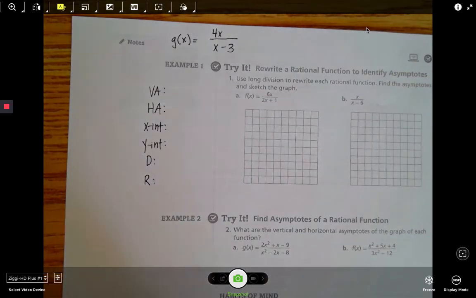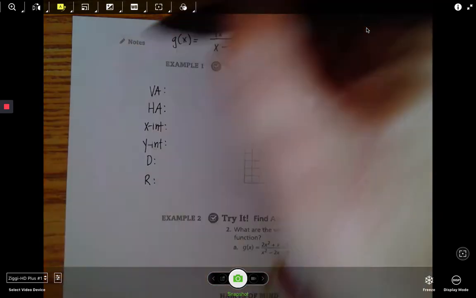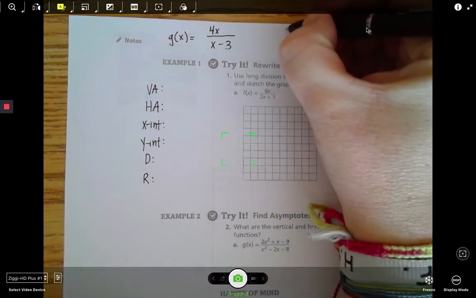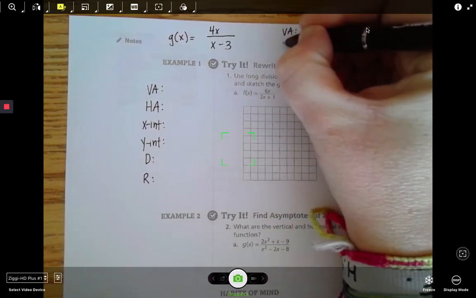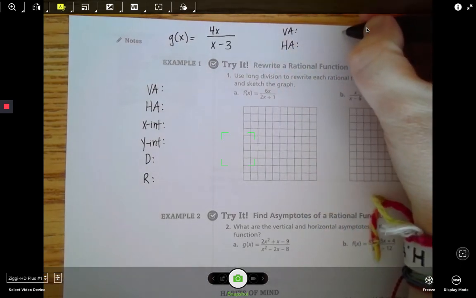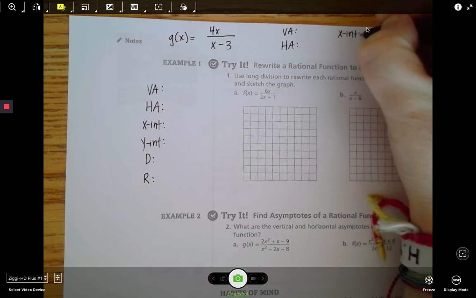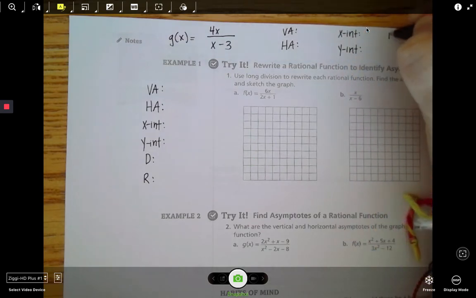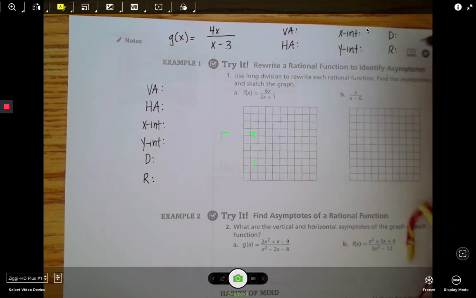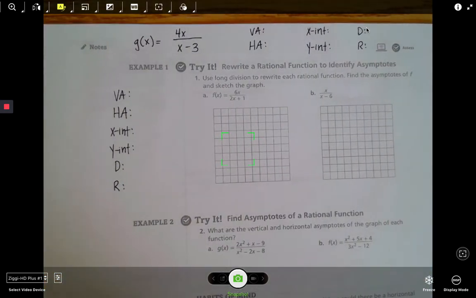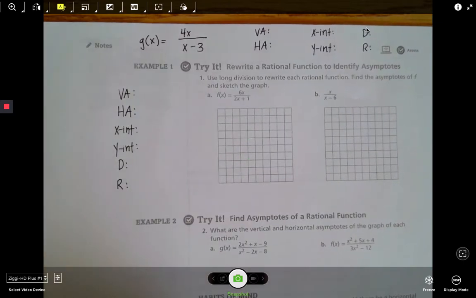Okay, so when we look at this equation here, there's a few different things that we can get. If we're looking for our vertical asymptote, our horizontal asymptote, our x-intercept, y-intercept, domain, and range, I'm going to circle each of these, and we're going to figure out where we can get what from.